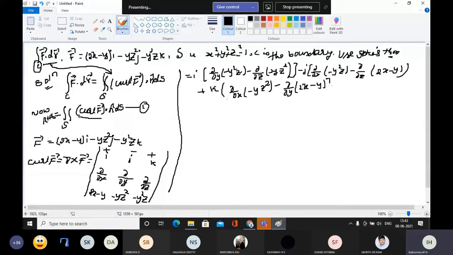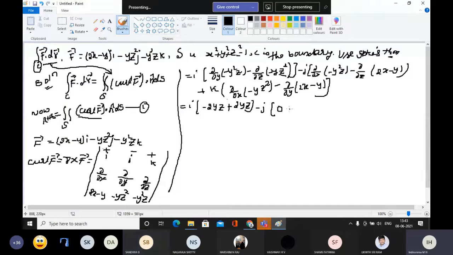Now simplify this. i into: what is dou by dou y of minus y square z? Minus 2yz. Minus what is dou by dou z of minus yz square? Minus into minus is plus 2yz, correct? Differentiation of z square is 2z. Next, minus j into dou by dou x of minus yz square, which is 0 because there is no x term.